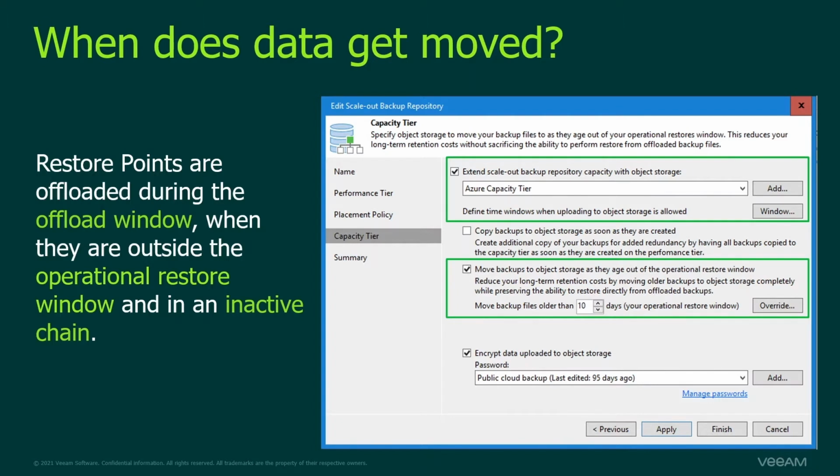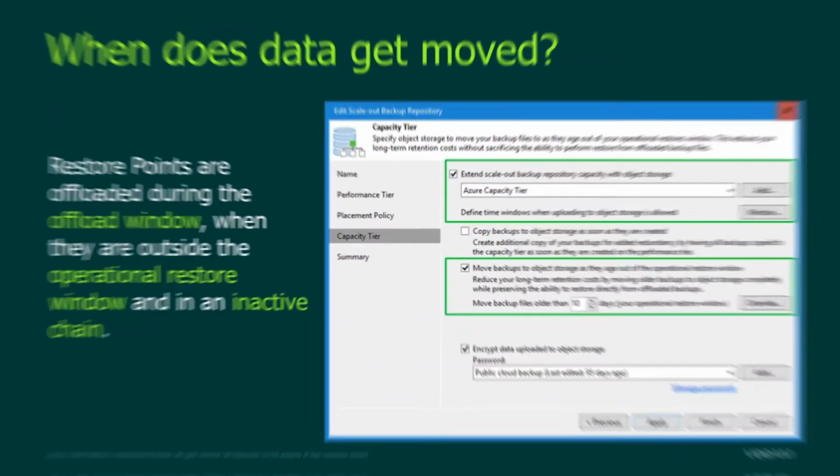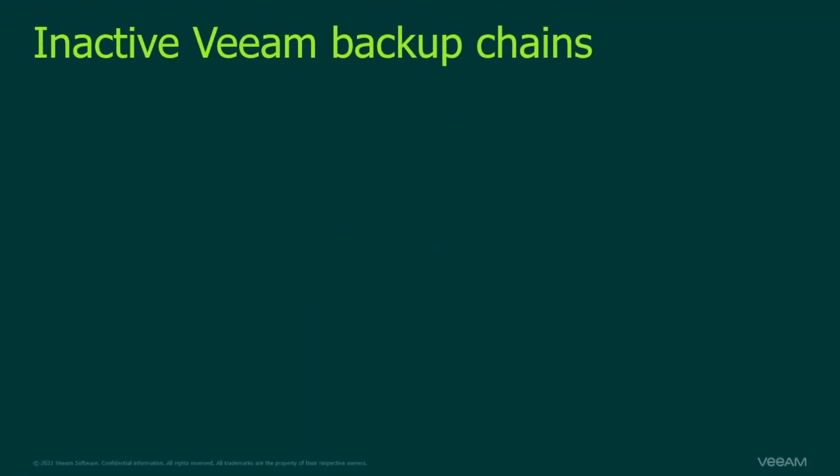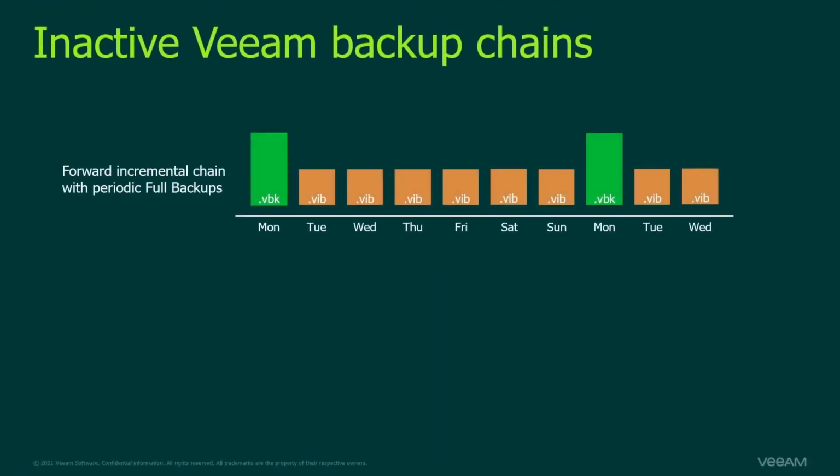But we only move the data when it's in an inactive chain. What do I mean with an inactive chain? So when we are talking inactive Veeam backup chains, in this case we have a forward incremental backup chain with periodic full backups. As you can see, the backup of Sunday is dependent on the full backup of the first Monday in this picture.